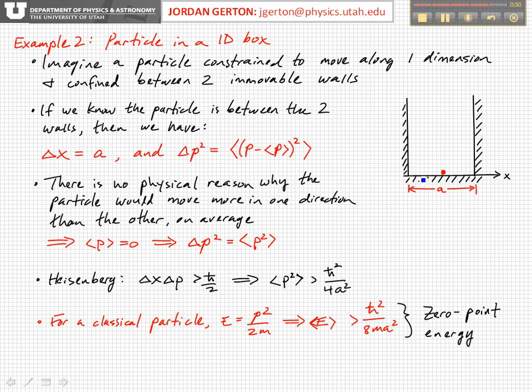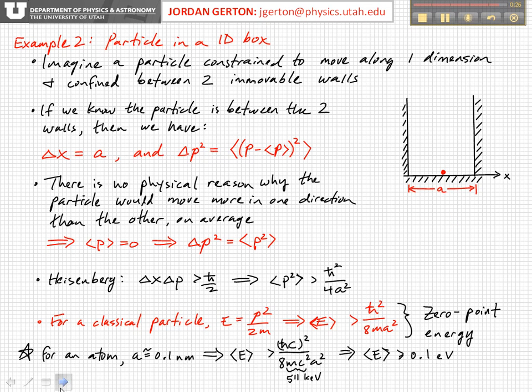Although it's not hard walls, a mass on a spring has physical constraints on the position of the mass. We would normally think that a mass on a spring, if it's not moving, has zero energy, but here we see that it has a 0-point energy, in fact.